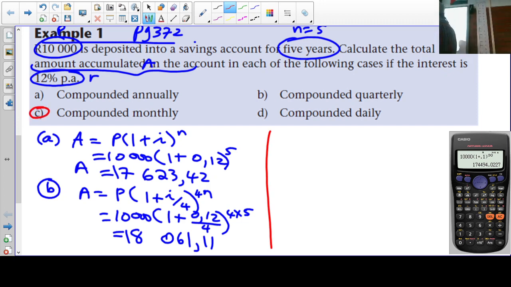Let's see the formula for compound monthly. I over 12 to the 12n.